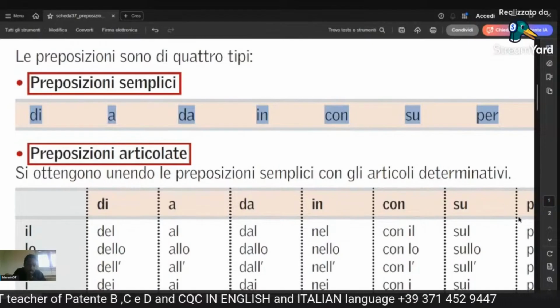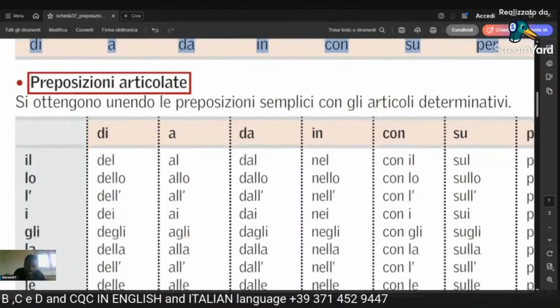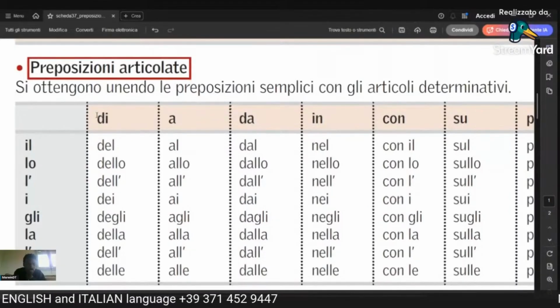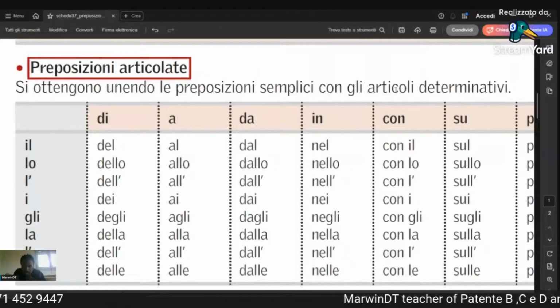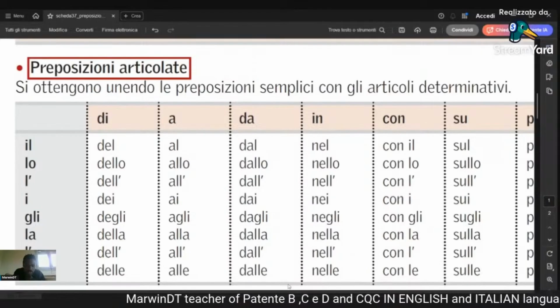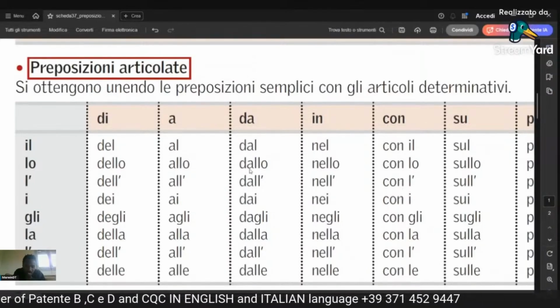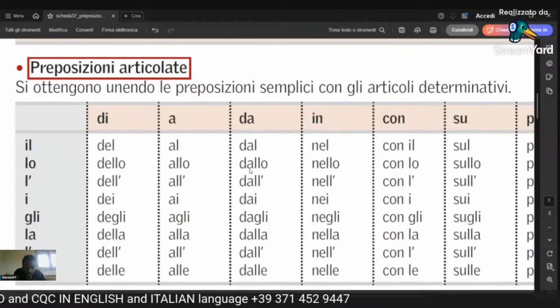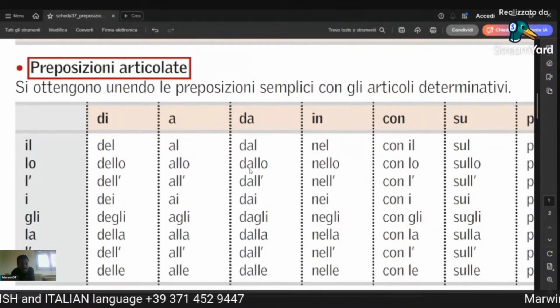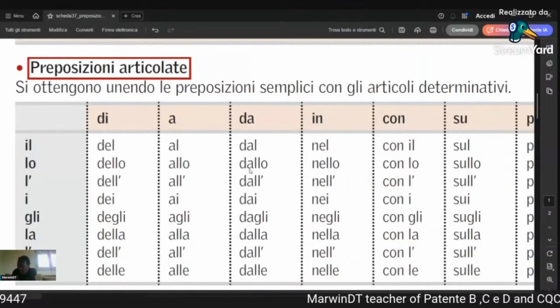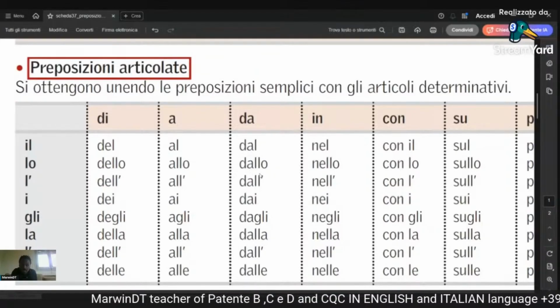Then preposizioni articolate, so prepositions with articles. Si ottengono unendo le preposizioni semplici con gli articoli determinativi. So we get them by uniting simple prepositions with articoli determinativi, which are articles that determine a specific number or quantity.